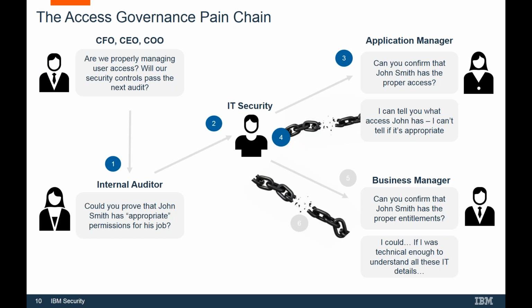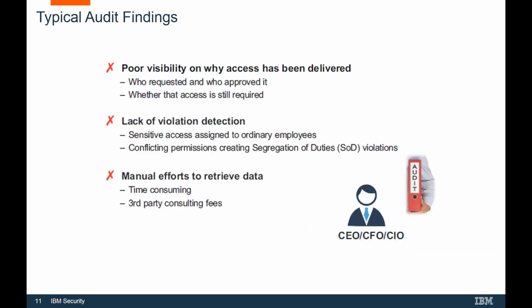And without the proper tools in place, commonly, they may say, I wish I could tell you, but it's very hard for me to manage through this, and it's very technical, and I don't quite understand what this is showing me. So we have this gap, and that leads to, or can lead to, the audit findings that we are having poor visibility into who's got access to what.